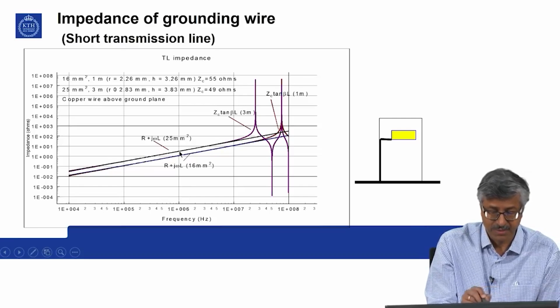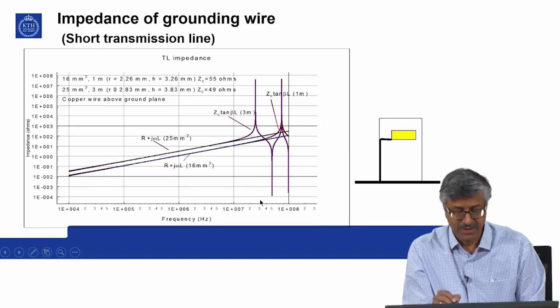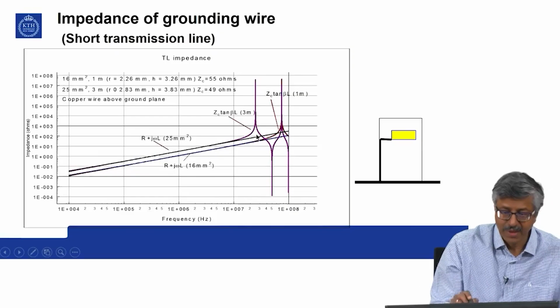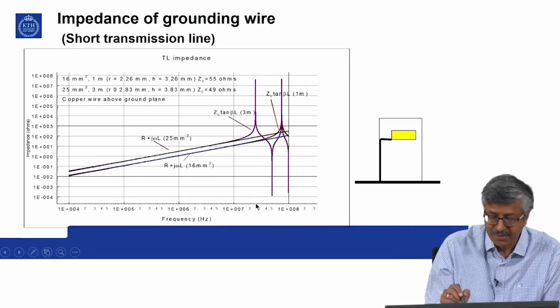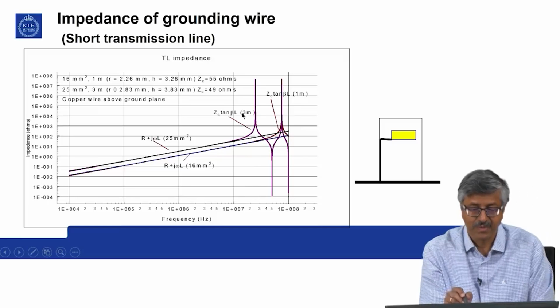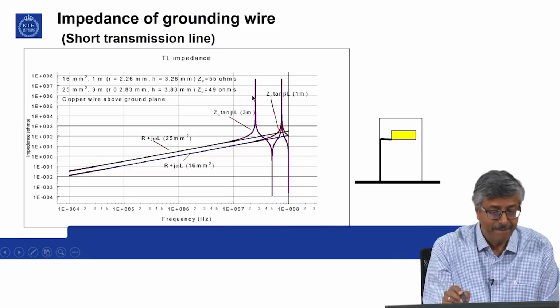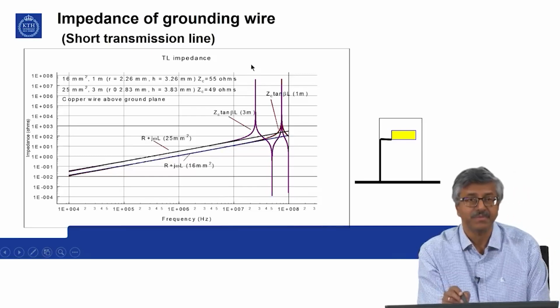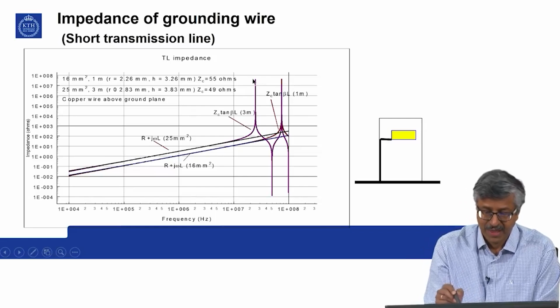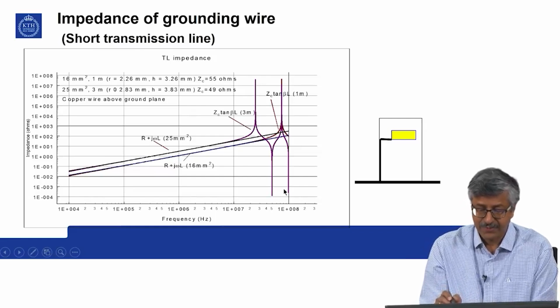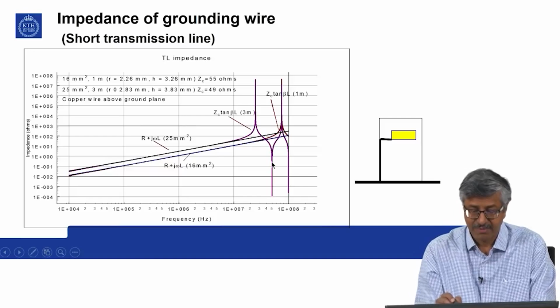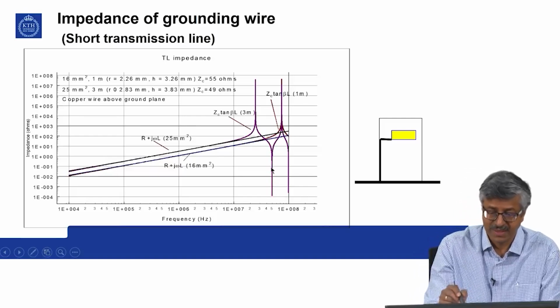So, it comes over here, then around this value, 200 megahertz, let us see, tan beta L, that is the impedance, it peaks, there is a resonance peak over there, and at around 500 megahertz there is a trough.